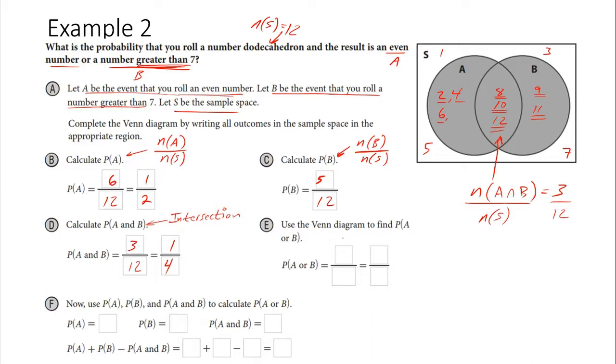All right, now we're going to finish off E. So we're going to look for the probability of A or B. So this is the union. So let's take a look here.